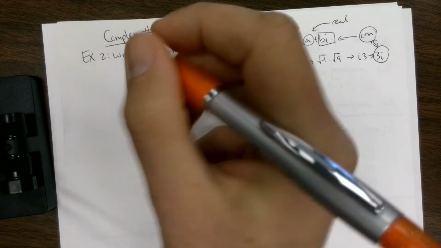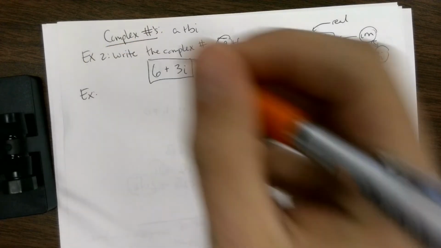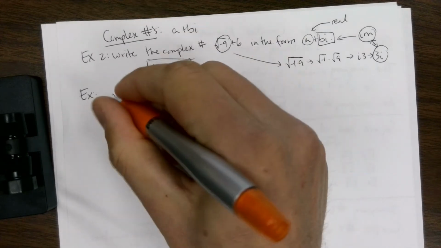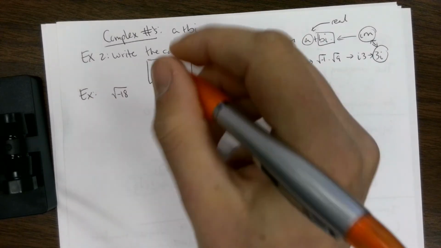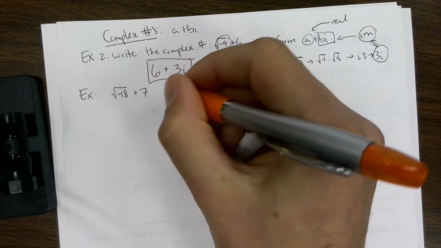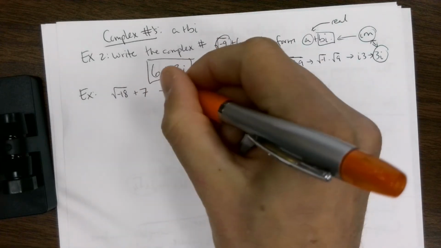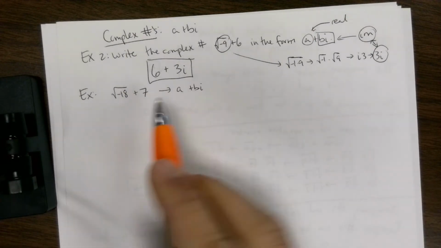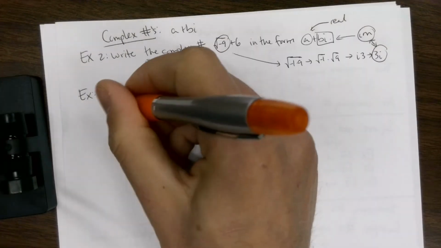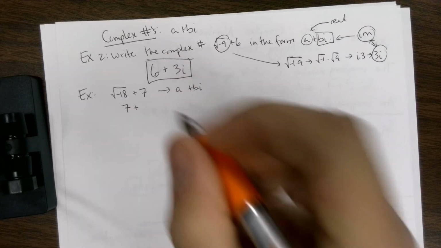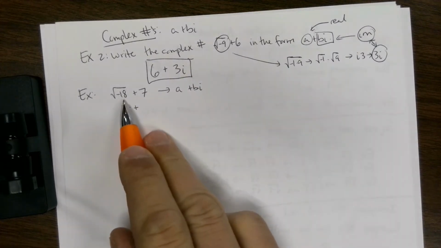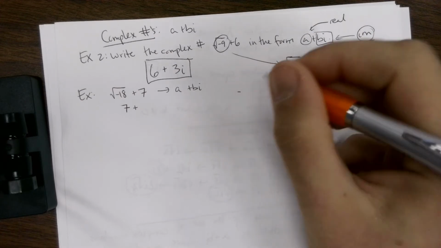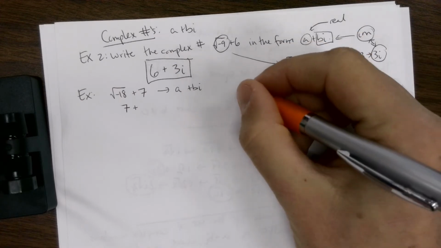Let's look at another one. Write the complex number, the square root of -18 plus 7, in the form a plus bi. First thing, the 7 is real, so I'm going to write that down here. Now I need to rewrite root -18 as an imaginary, in the form bi.